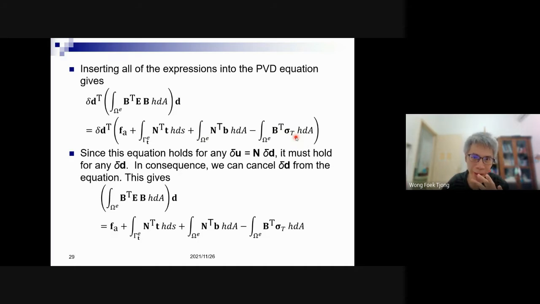This equation is true for any virtual displacement, in other words, true for any delta d. Because this equation should be correct for any vector delta d, we can cancel this. Therefore, it gives us these equations.